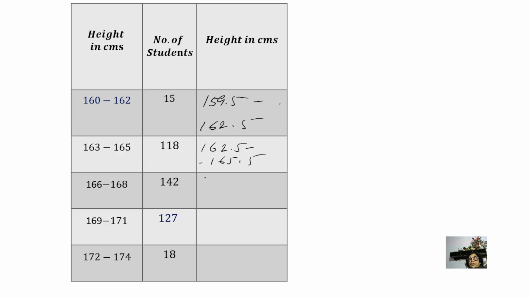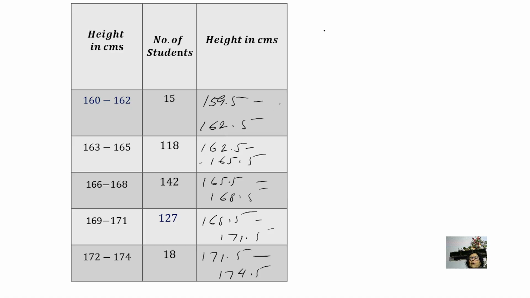Then we have 165.5 to 168.5. This is 168.5 to 171.5 and 171.5 to 174.5. So this is exclusive data. That means the upper limits are not included in this class interval.